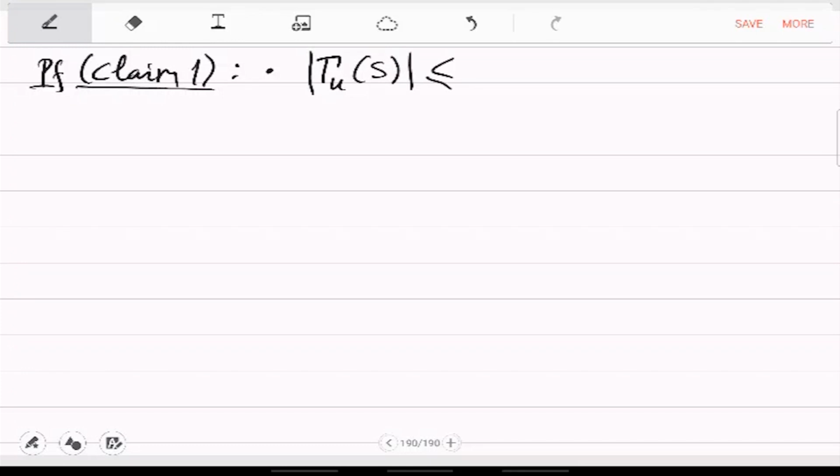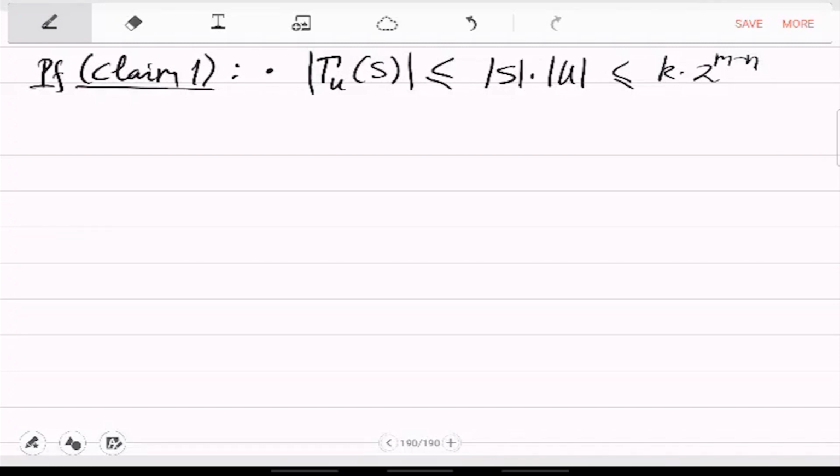S has size of S many elements obviously, and each has at most k neighbors because size of U is k, right? So which is k times 2 raised to m minus n. That's what you are given.